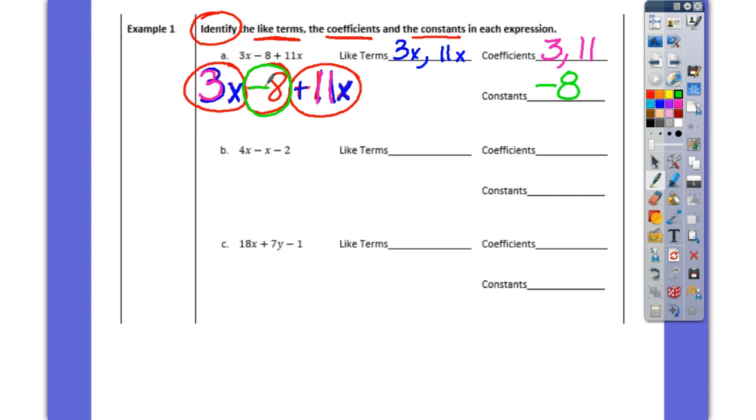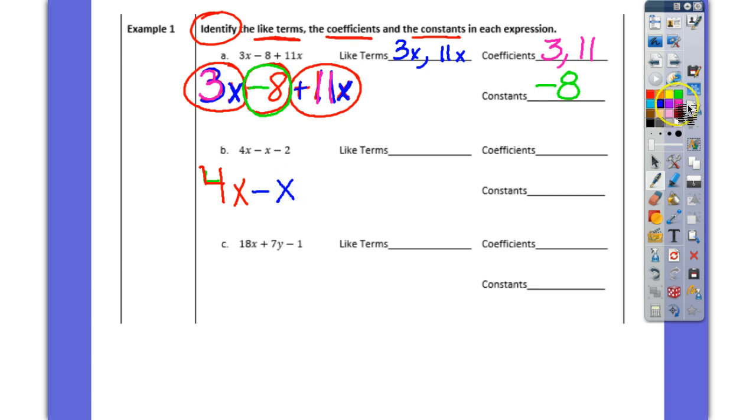Let's do B together. How many terms do I have total here? 2. 3. What's the first term? I'm going to write it bigger again. 4x. What's my second term? Negative x. Minus or negative x.